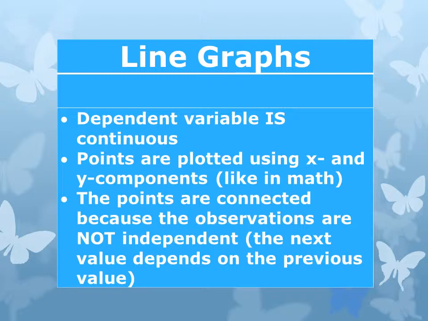And that's the big difference. You want to see a relationship. So if it says I want to see a relationship between the two variables, I would use a line graph. What happens with x when I change y? Or what happens to y when I change x? Then you use a line graph.